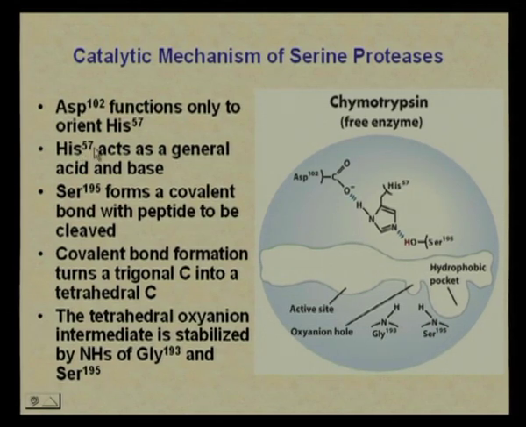The histidine again acts as a general acid and base. The aspartic acid 102 functions only to orient the histidine. Okay? So, what is the function of the aspartic acid 102? It basically holds the histidine in place by an electrostatic interaction, or rather a hydrogen bonding type interaction.